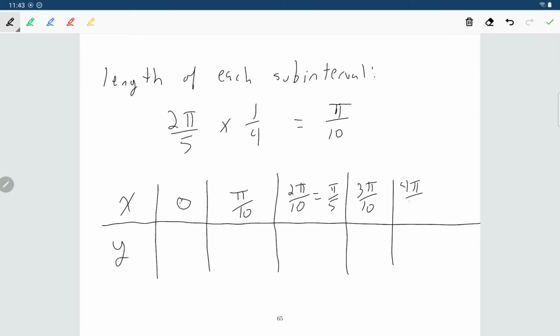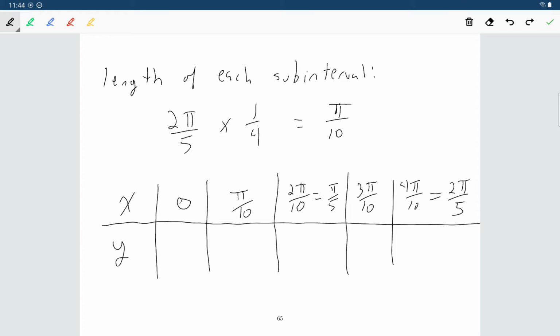And so this is actually a little bit easier. I don't even really need to think about what exactly these angles are in terms of degrees. If I'm just thinking about the fact that my tick marks on my x-axis will be pi over 10 apart from each other, then I know that my tick marks are 0, pi over 10, 2 pi over 10, 3 pi over 10, 4 pi over 10, 5 pi over 10, and so on.